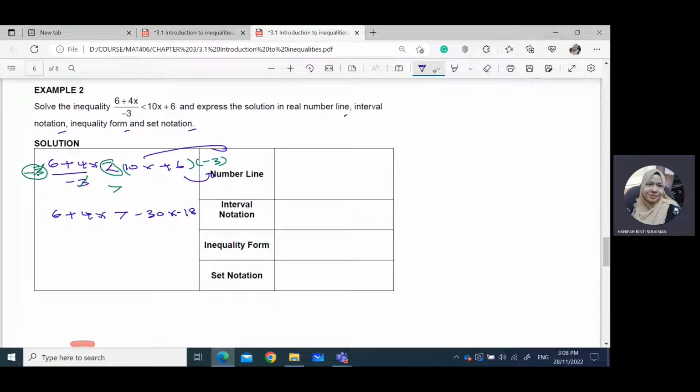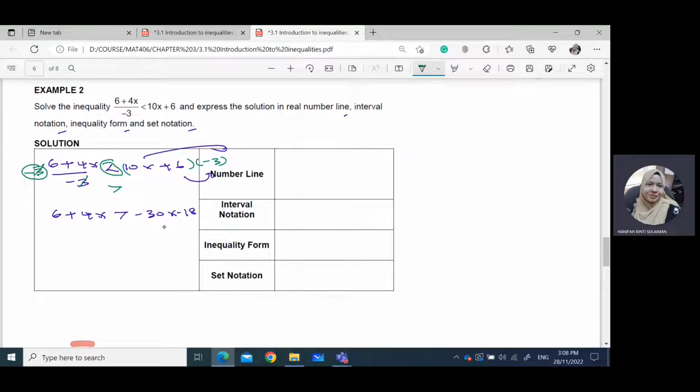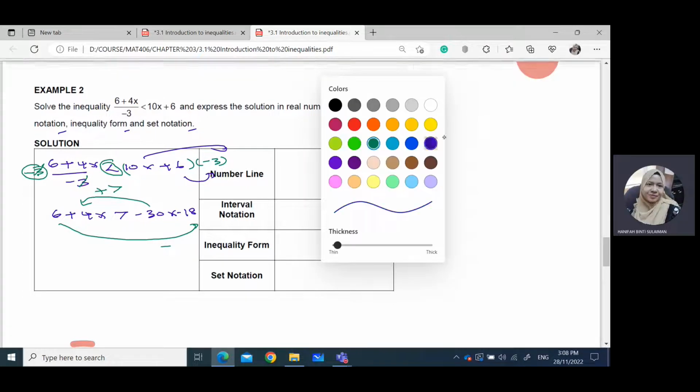Okay. So now negative 30x, we bring to the other side. Kita bawa dia ke sebelah atau kita pindahkan dia. And then 6 ni kita pindahkan ke sebelah. Then dia akan jadi negative. This one will be positive. Okay.